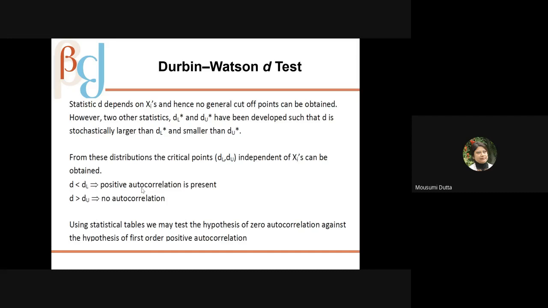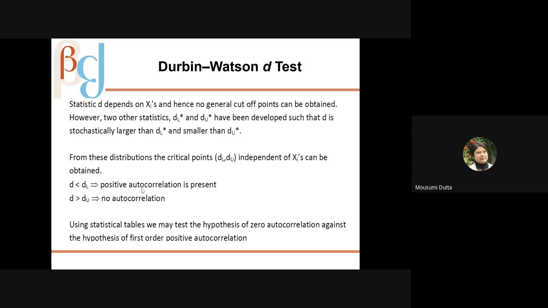However, remember that E is a function of X. And for that matter, D, which is based on E, is a function of X. So statistic D depends on X size, and hence no general cutoff points can be obtained. It is a function of X size, so you know it will vary.